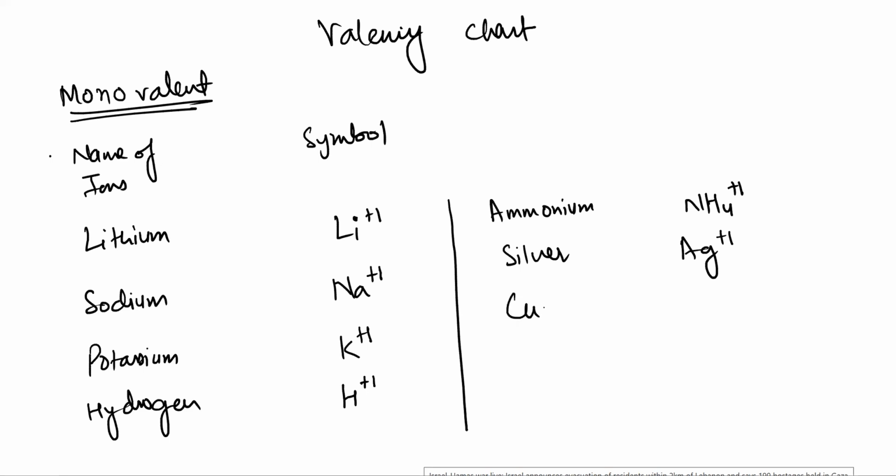And then cuprous is Cu1 positive. So silver is Ag1 positive, ammonium ion is NH4 1 positive. Understood? These are the monovalent ions having +1 valency. Note it down fast, everyone.